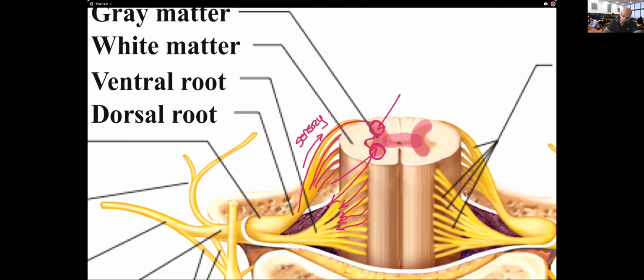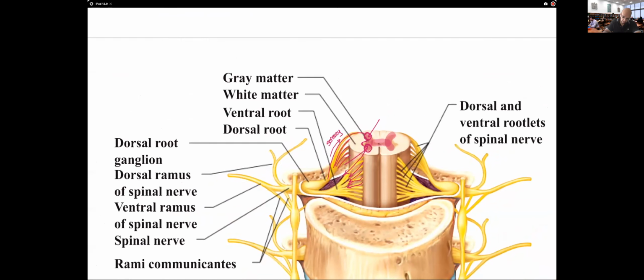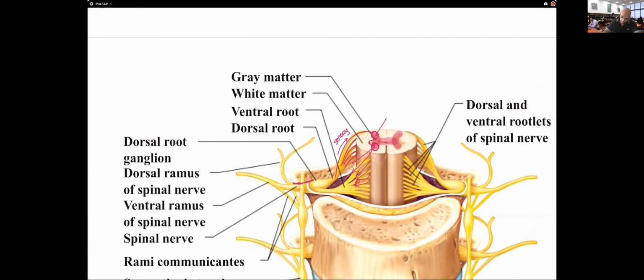The dorsal root and the ventral root will fuse together and form my spinal nerve. This is what we call the spinal nerve on here. The spinal nerve is going to be divided into a branch that is traveling backwards, called the dorsal ramus, and a branch that will be moving forward, which is my ventral ramus.